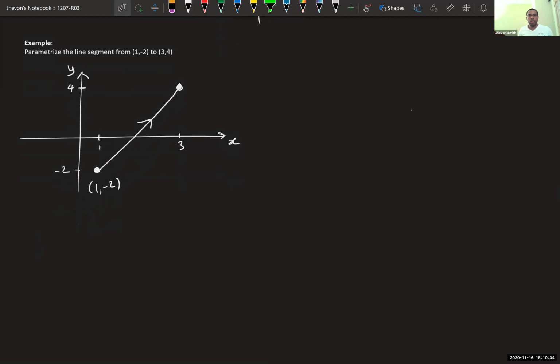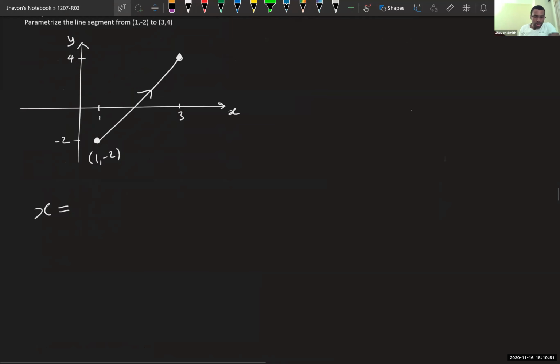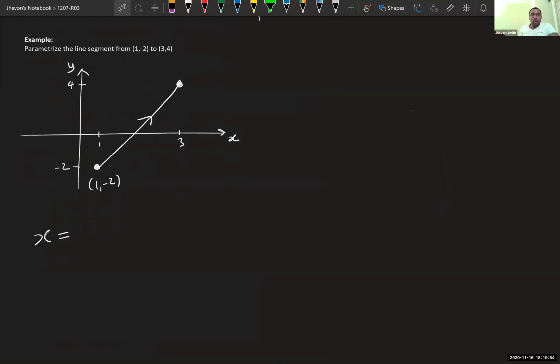As I mentioned, you're going to start with the x. Now, you could remember these formulas, and you should remember these formulas, but there's actually a very intuitive way to fill it out. To get to that, just listen to how I'm saying it while I'm doing it. Okay, so I want to parameterize this line segment. My x starts at 1, so I write down the starting point.